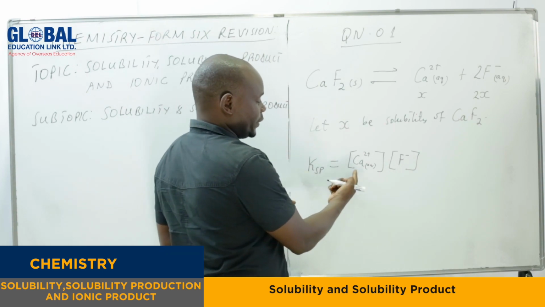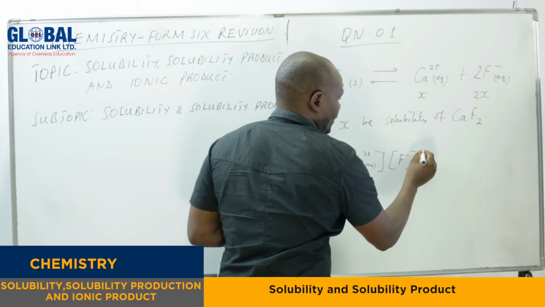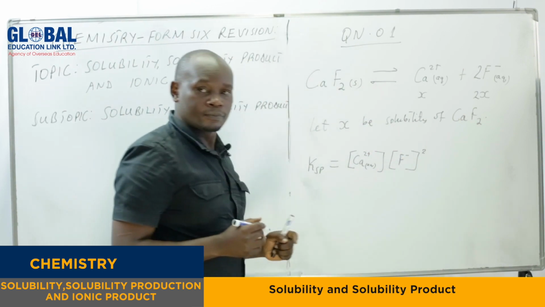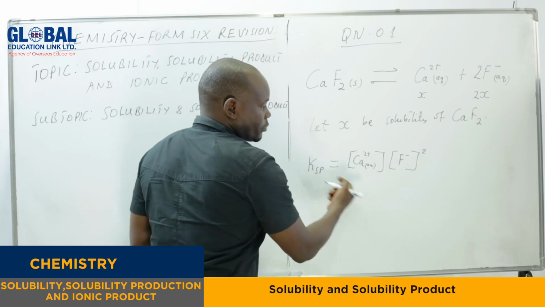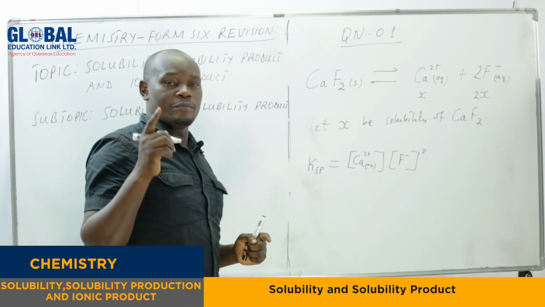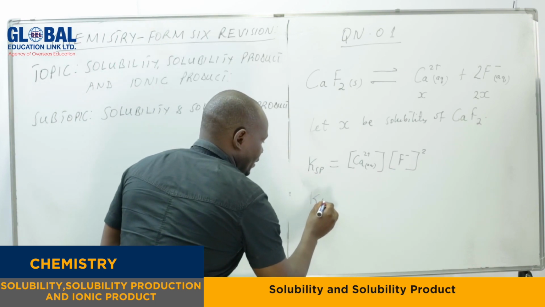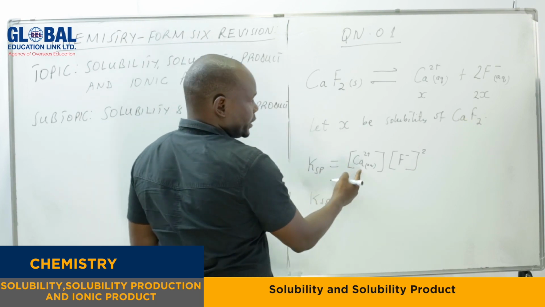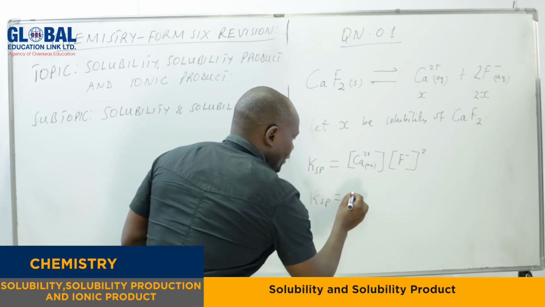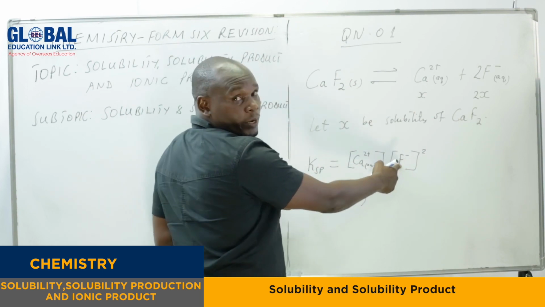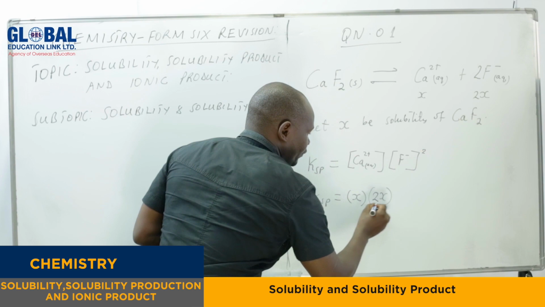The stoichiometric coefficient for calcium ions is 1, but for fluoride ions is 2. So here must be 2 there. Since the square brackets stand for concentration in moles per decimeter cubed, our Ksp here will be equal to the concentration of calcium ions, which is X, times the concentration of fluoride ions, which is 2X, all squared.